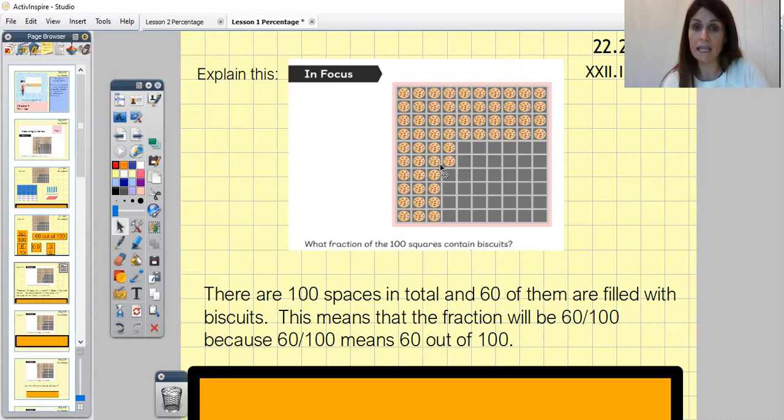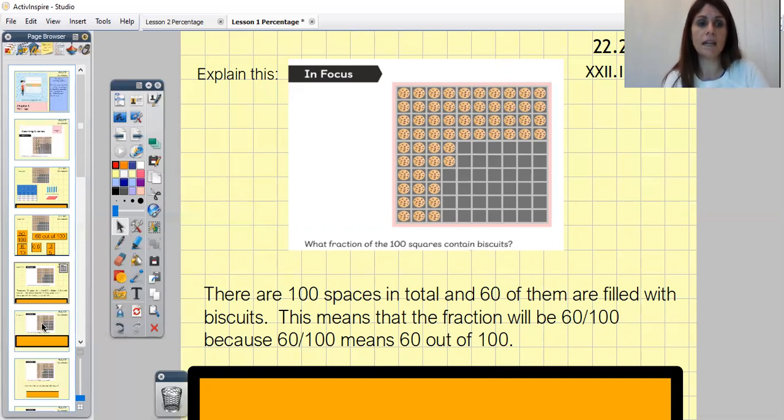All right, so I'm linking the fact that there are 60 squares with cookies in, 60 out of 100, and that fraction would be written as 60 over 100. I might also then go on to say this could be simplified to 3/5, because I know that if I simplify it, I could make it 6/10, and then simplified further would be 3/5. So I might include that in my thinking.